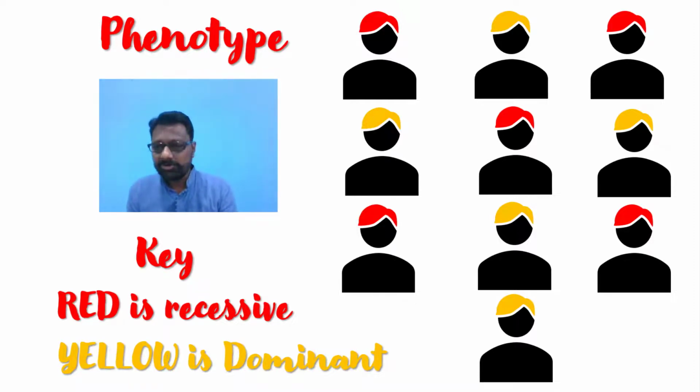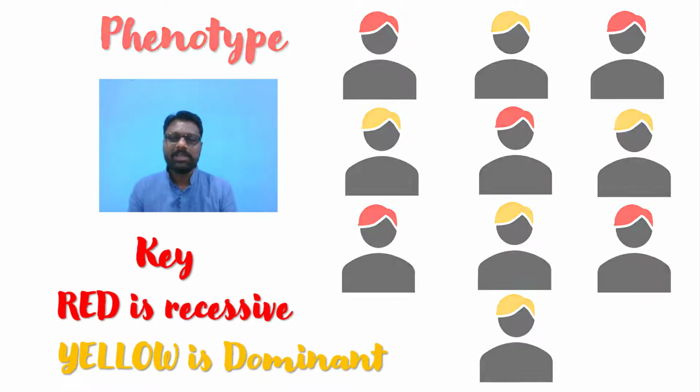Now when we talk about the frequency of these genotypes, we will calculate the frequencies of genotypes of that particular gene by the total number of genes present in the population. Let us talk about the genotypes of these individuals in the population.